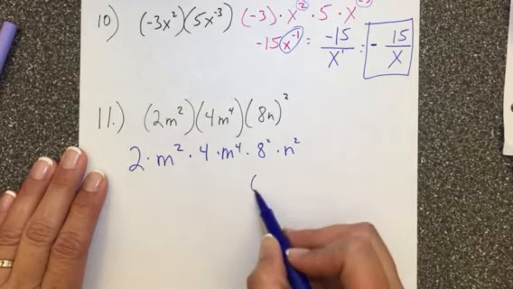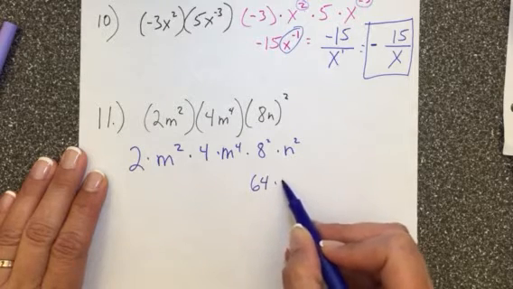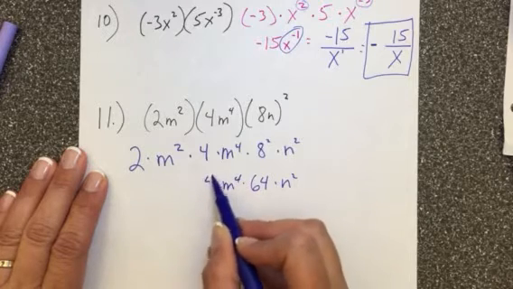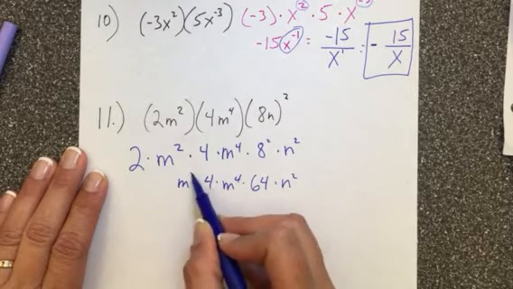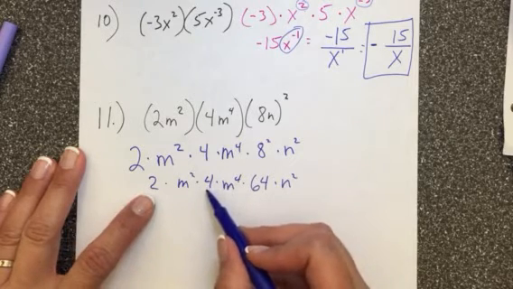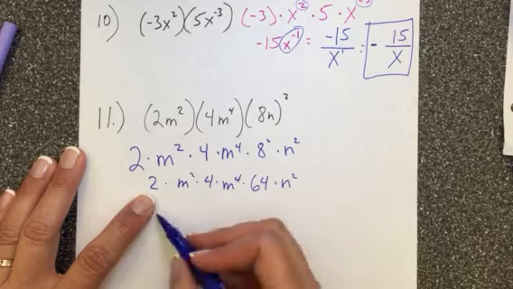Let's simplify this first. I'm just rewriting this down below so I can see my entire problem. So I have 2 times 4 times 64.